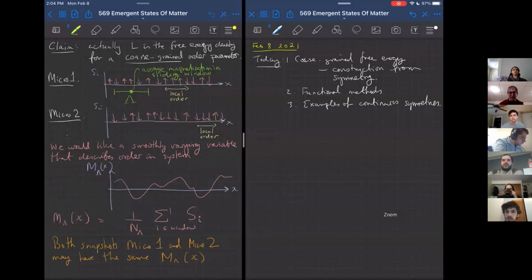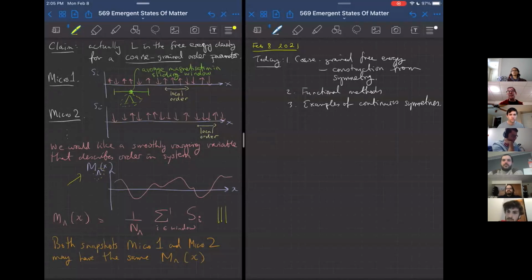If I coarse-grained those by making a sliding average of the local spin directions, I would then get some smoothly varying variable that describes the order in the system, and that's plotted down here as the coarse-grained magnetization, where lambda is the size of the window over which I'm averaging, and that's reflected in this subscript over here, and the precise definition is given by this equation here.